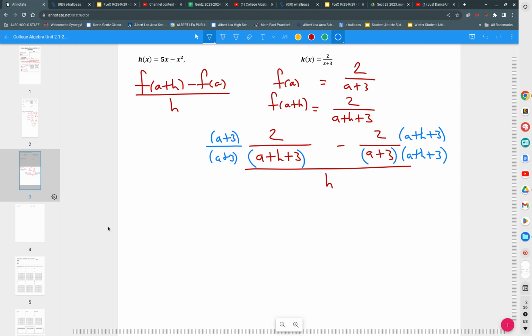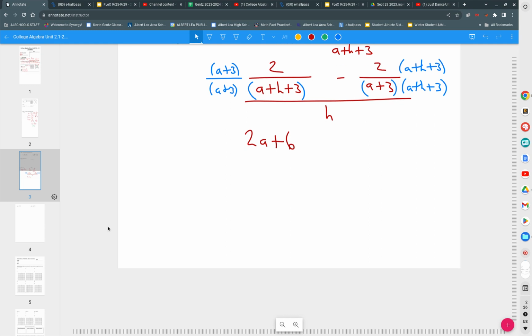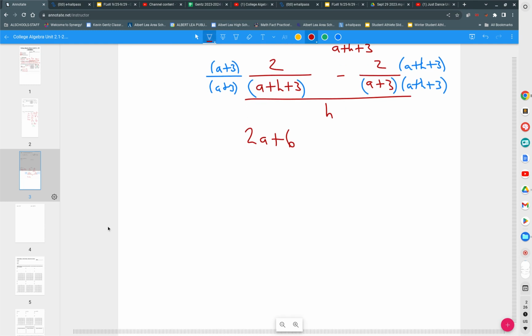I distribute my positive 2, and I get 2a plus 6. Do I distribute a positive 2 or a negative 2? Negative 2, I get a minus 2a, I get a minus 2h, I get a minus 6.